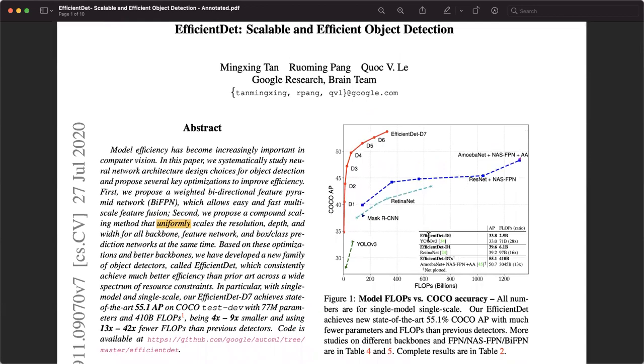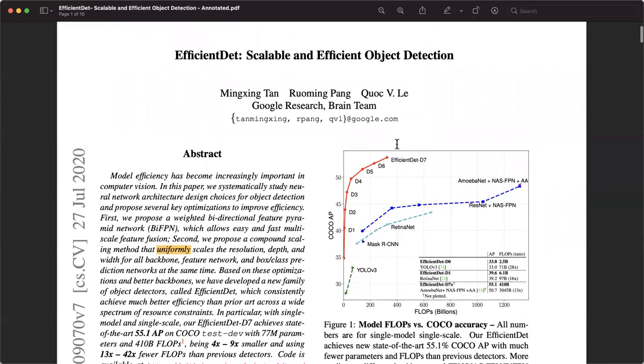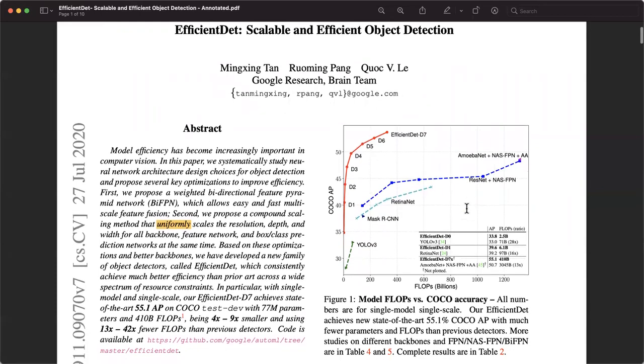This figure actually summarizes the main performance of the EfficientDet family. When you say EfficientDet, it's actually a family of object detectors with different scales, namely D1, D2, D3 to D7.